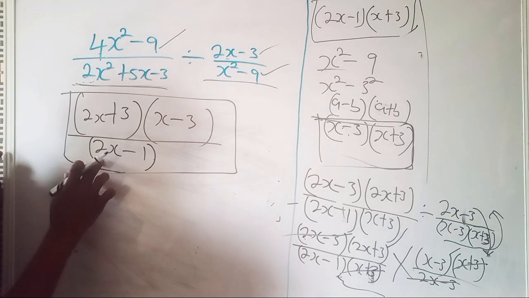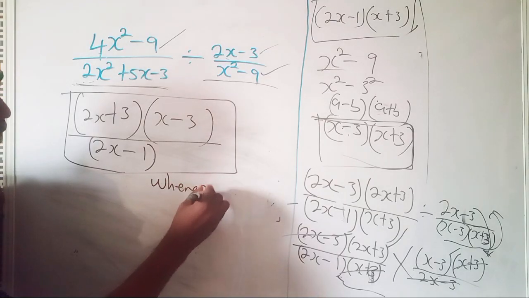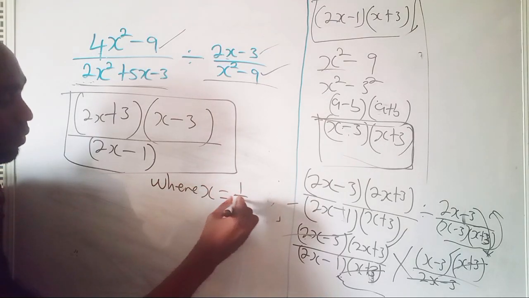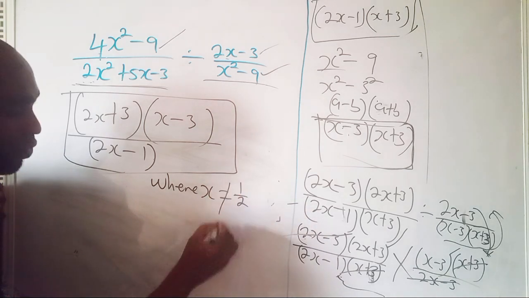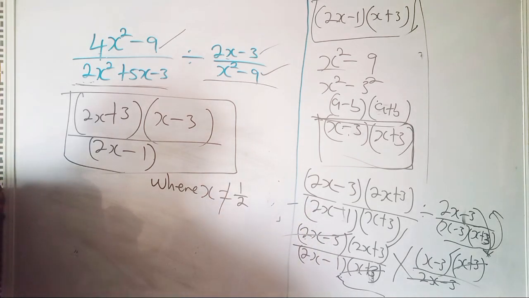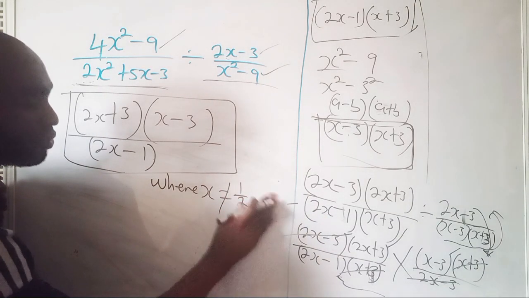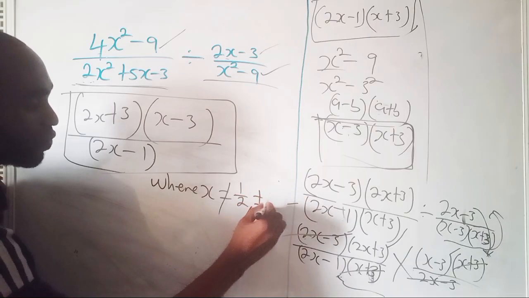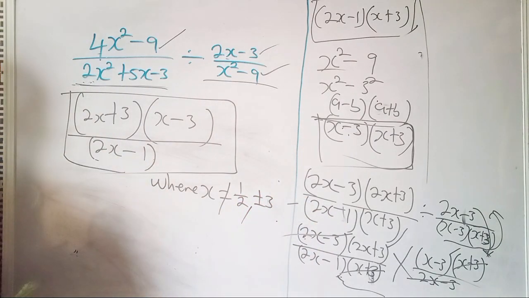What will make this equation undefined? So now, x should not be equal to 1 over 2, because definitely it will make this equation undefined. Or x shouldn't be plus or minus 3. This will also make this equation undefined.